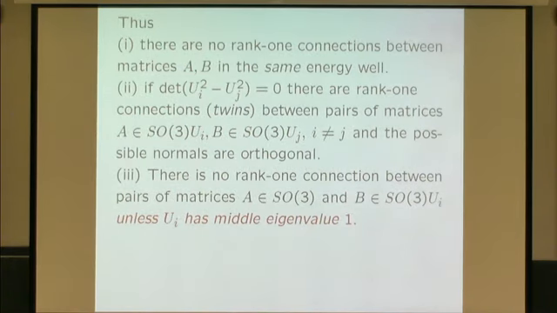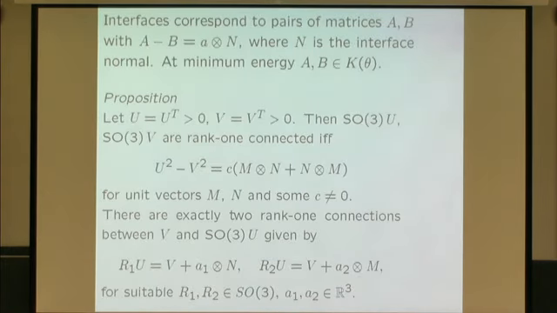So from this, you can deduce some very interesting facts. First of all, there's no rank 1 connection between matrices A and B in the same energy well, because in that case, U squared is equal to V squared, and this is non-zero, so it's not possible to satisfy that.